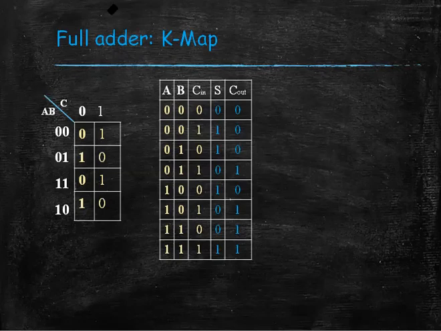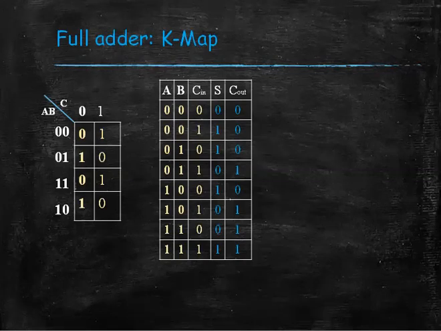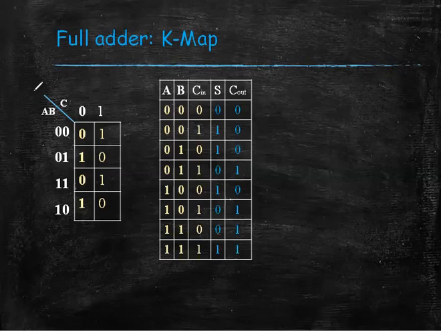Okay, it is for the output sum. Here we represent the sum, and look at here, there is one here. This one is for A equal to 0, B equal to 0, and C in equal to 1.